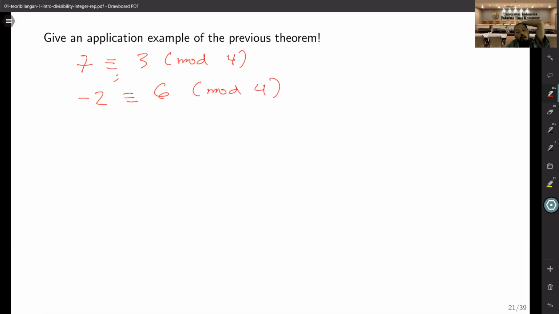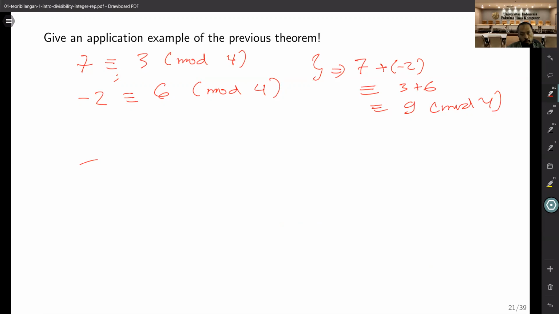Then from here you could conclude that 7 plus minus 2 is congruent to 3 plus 6, which is 9, which is congruent to 1 modulo 4, and so on.